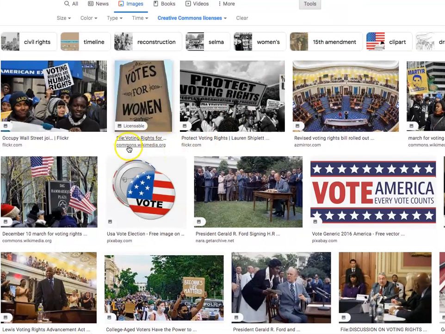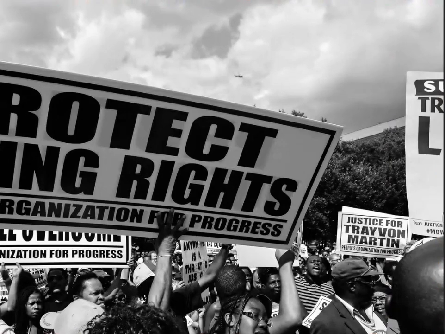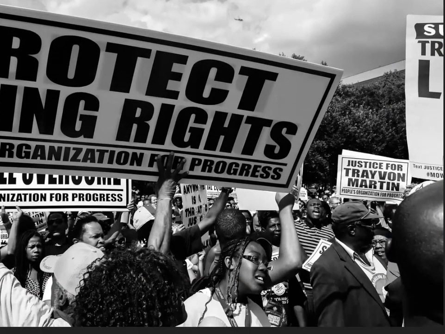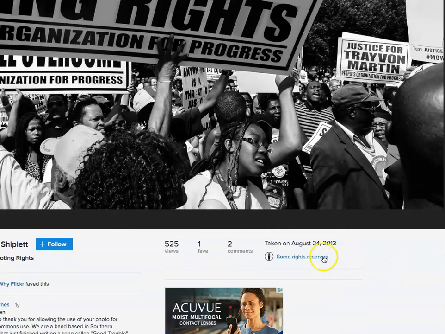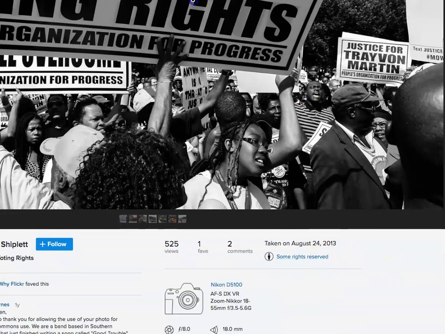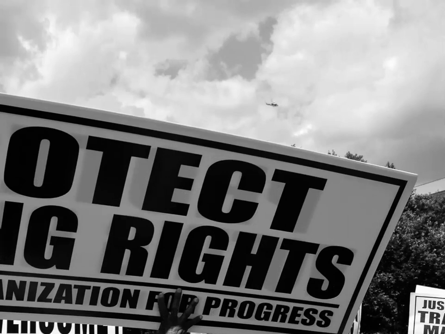So when you see things from Commons, Wikimedia, Pixabay, or Unsplash.com, those probably genuinely have a license. If you go to Flickr, the pages are very specific and they will let you know what they expect if you use their image. Some rights are reserved, and you can click through here and it will let you know what you can and cannot do with this image.